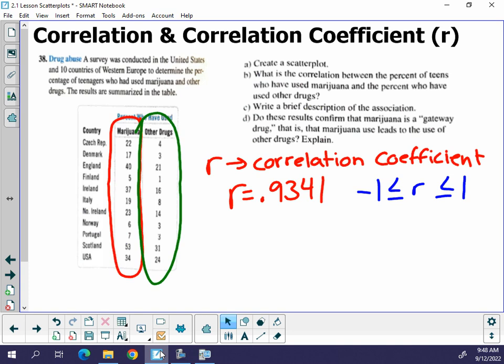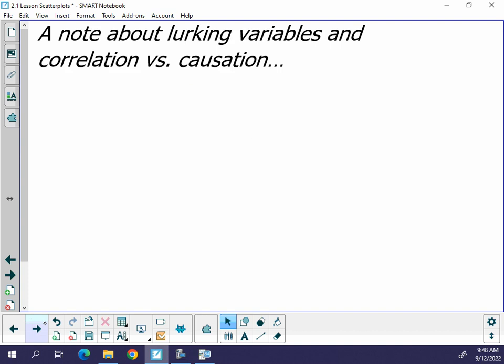And so there is some relationship here that exists based on our data set between marijuana use and other drug use. So the really, really important thing that we would never want to say just by looking at a set of data like this is that marijuana use causes other drug use. We can see that there is a relationship that exists based on our data.